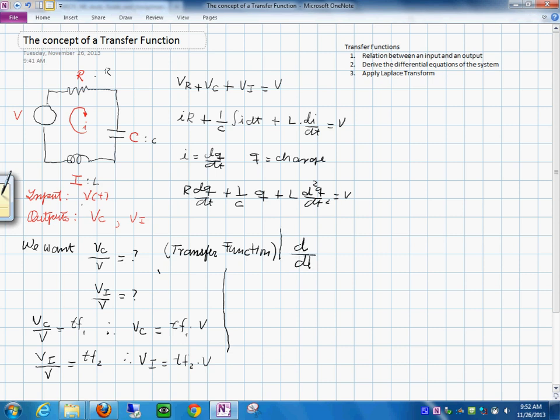The derivative of any variable time is the operator S. This is called the Laplace operator.